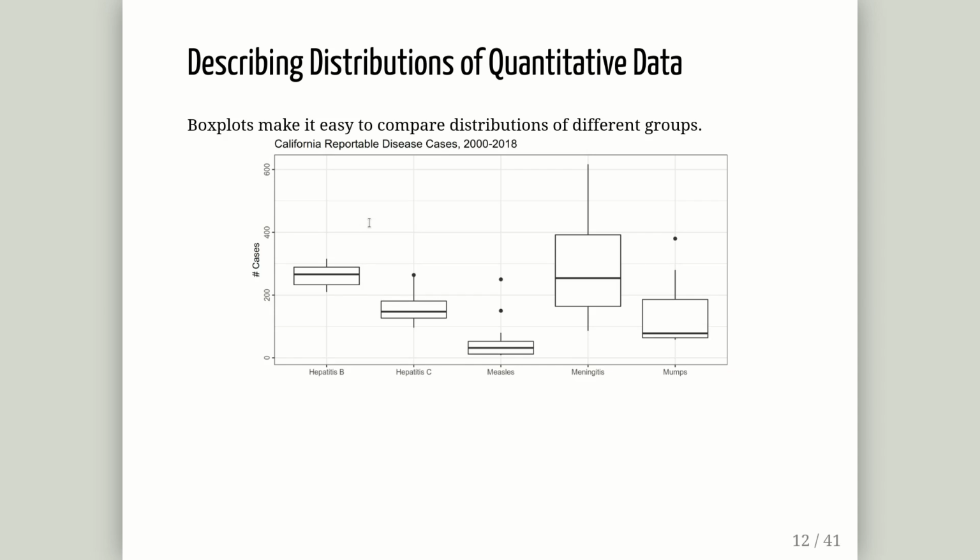But take a look at the box plot for mumps cases. There we have a bottom whisker that is really, really short. The lower quartile is also really close to the end of that bottom whisker. So our data is really compressed at the lower end of the scale.